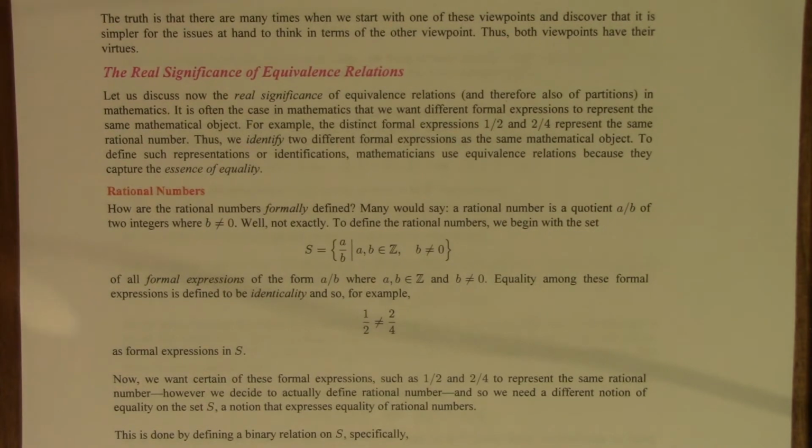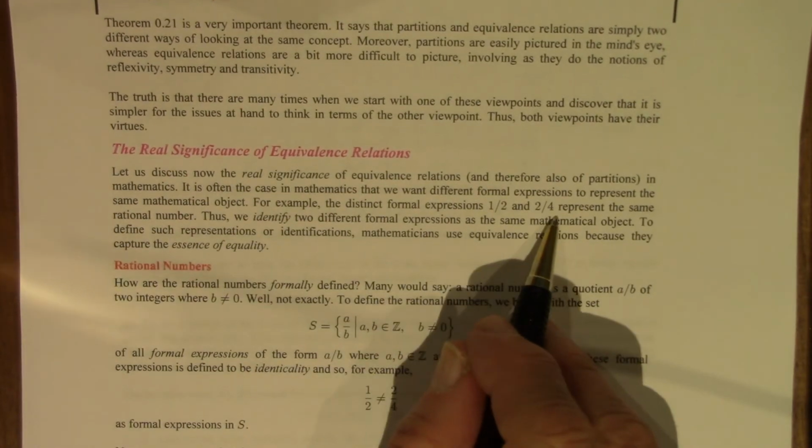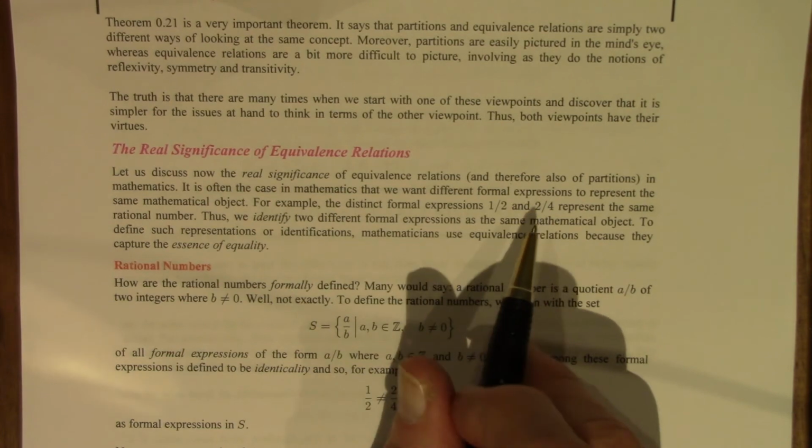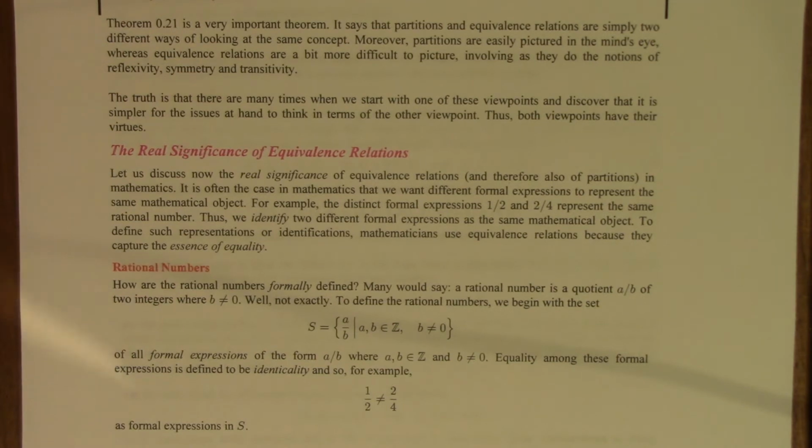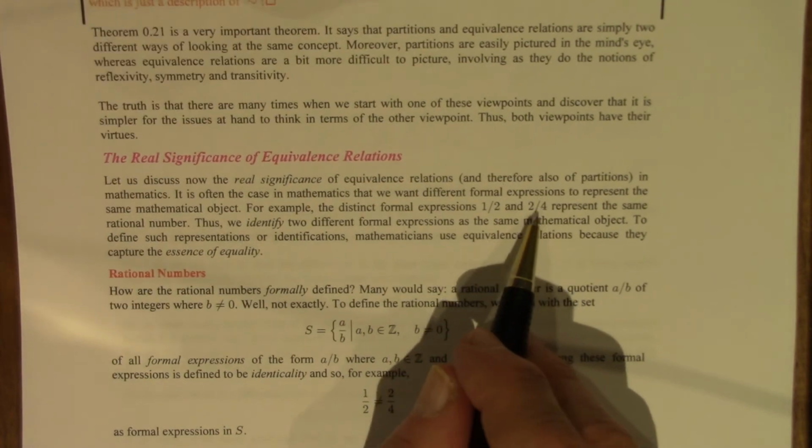Now let's discuss the real significance of equivalence relations in mathematics. It is often the case in mathematics that we want different formal expressions to represent the same mathematical object. For example, 1 over 2 and 2 over 4 are formal expressions. I'm treating them as formal expressions. Pretend for a minute that you do not know what a rational number is, so you can't identify these as rational numbers at the moment.